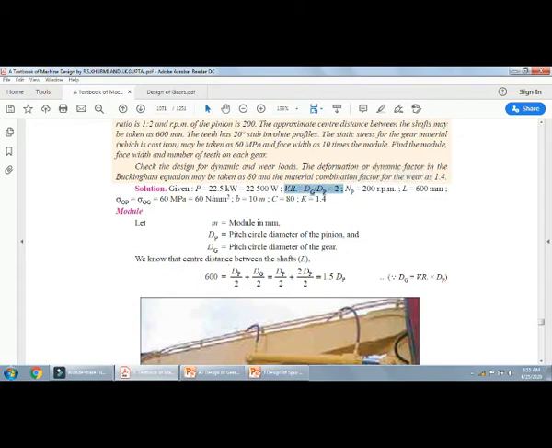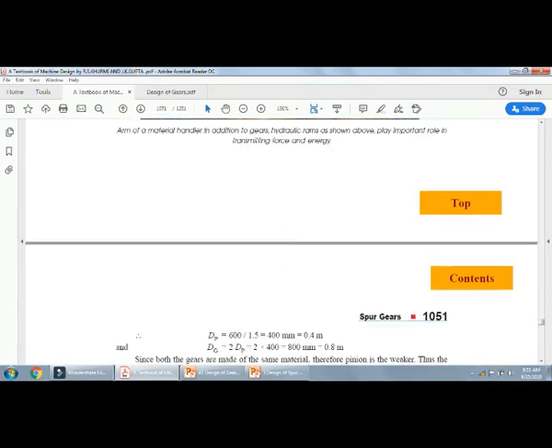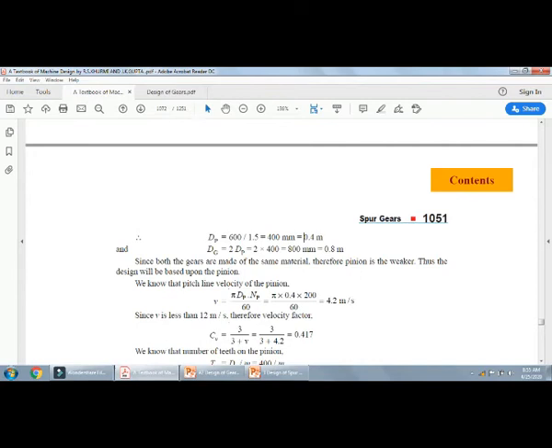So we may say dP by 2 plus 2 into dP by 2, because dG is equal to 2 dP. So we will put the value here, then we can calculate dP. So your dP will be equal to 0.4 and dG will be equal to 2 into dP, that will be equal to 0.8 mm.